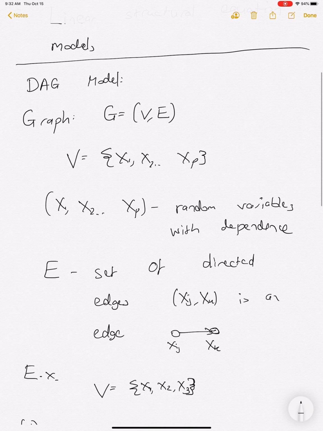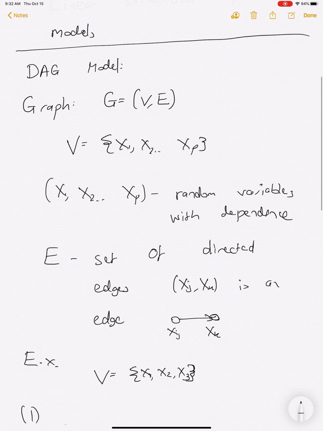So just to remind everyone, the DAG model consists of a directed graph G, and we'll talk about how it relates to the distribution shortly. So for the DAG model, there's this graph G which consists of vertices and edges. The set V, because we're trying to link this back to the multivariate distribution, the set of vertices is the p random variables x1 through to xp.